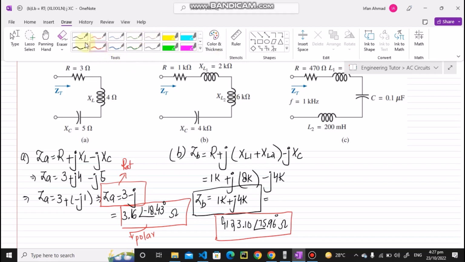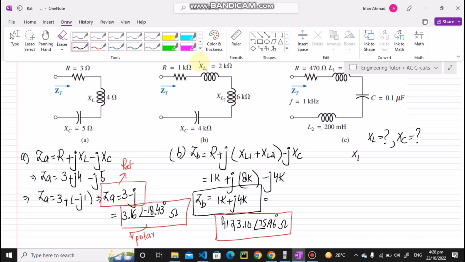Similarly, in calculating the values for this circuit, we can clearly see that the capacitances and inductances are given, and we don't have any values for XL and XC. So first of all, we have to calculate these values.